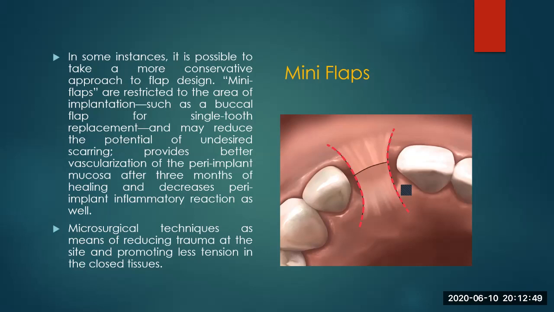The only downside with this type of incision is that we have to make sure that the width of the flap will not be less than the actual width of the implant itself.